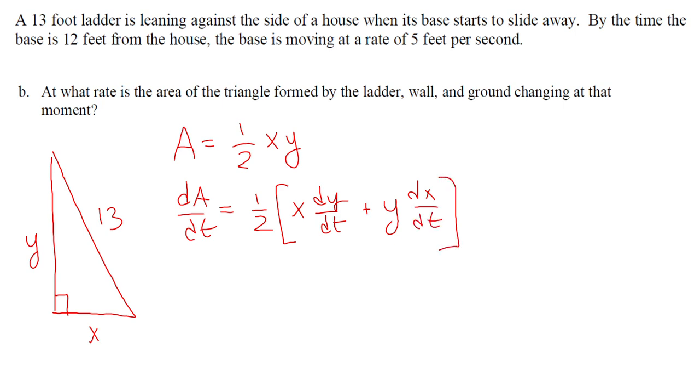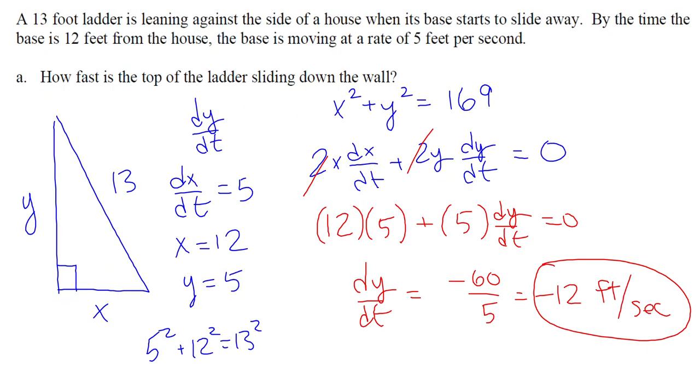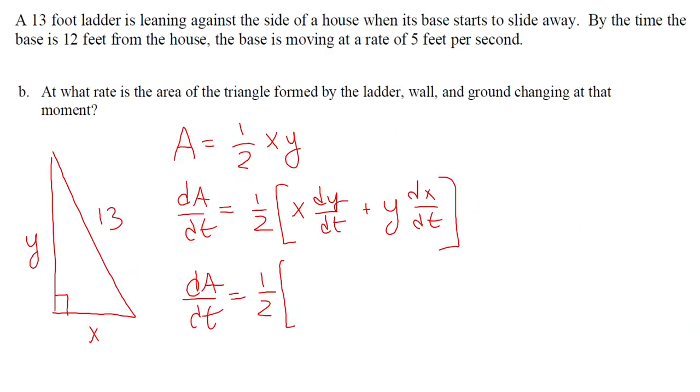We'll just do this implicitly. Since we already know what dx/dt, dy/dt, x, and y are, all we have to do is just plug those values in. So dA/dt should be equal to 1/2 of our x value. Well, our x value was 12.